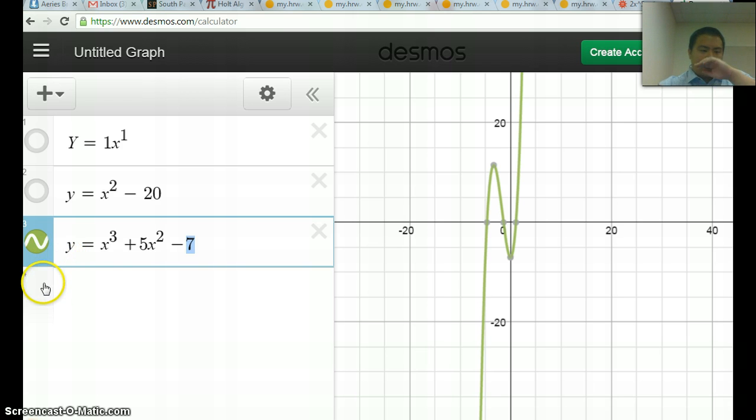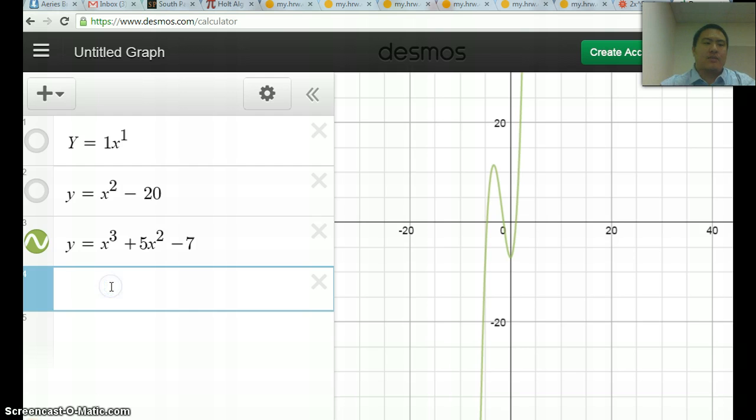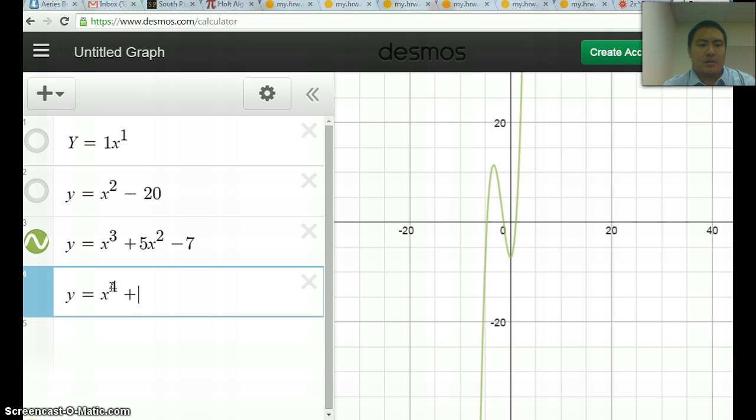Let's imagine what a 4th power would do. Let's go x to the power of 4 plus 3x cubed plus 2 minus 2x squared minus 10.